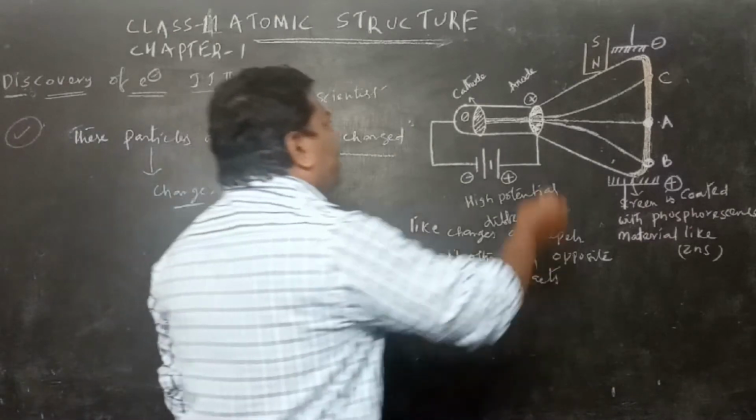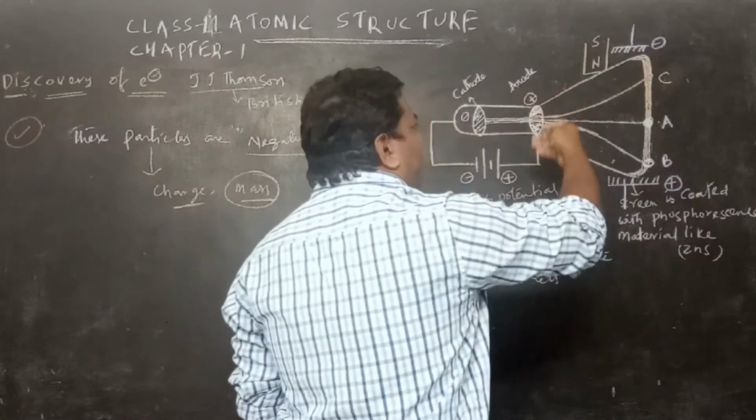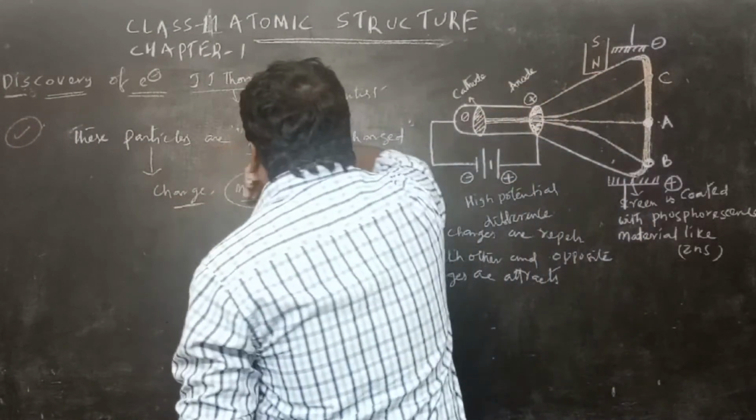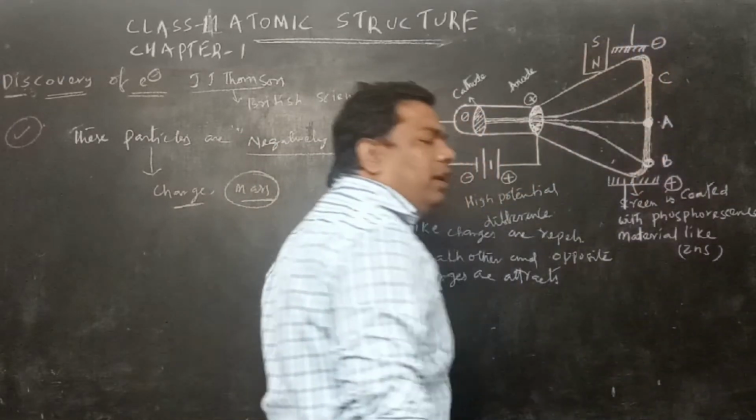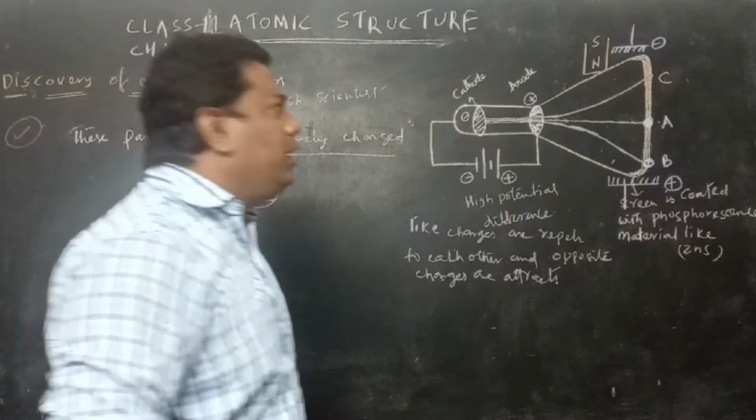Then he determined the charge to mass ratio by changing the electric field and magnetic field strength simultaneously.